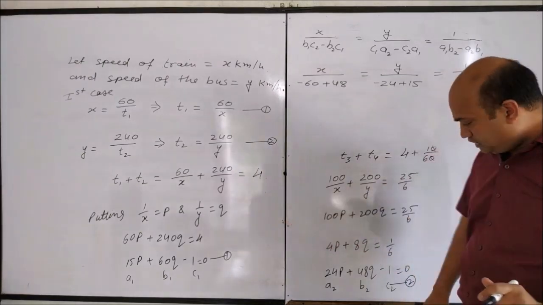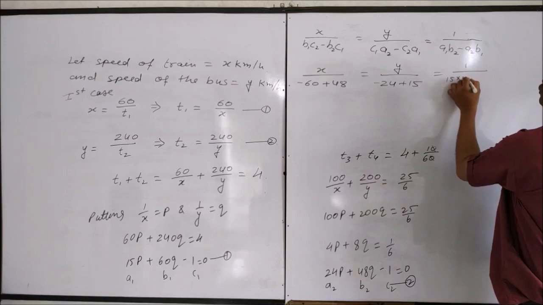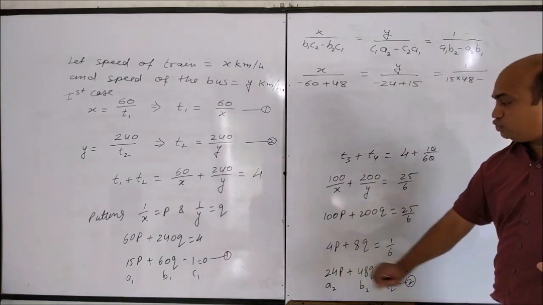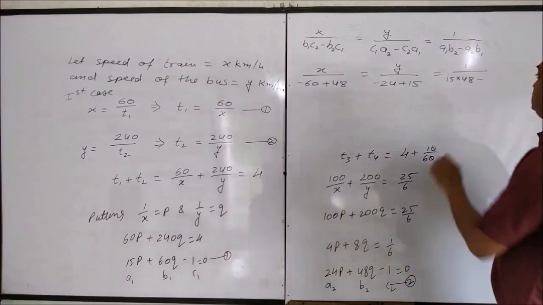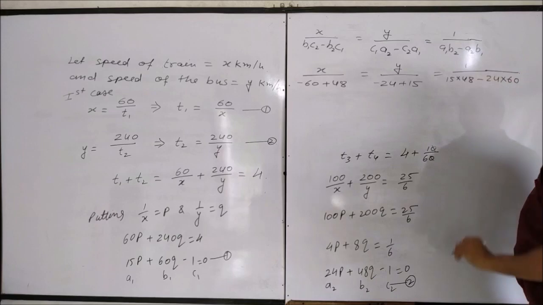Is equal to 1 upon a1b2, a1 is 15 and b2 is 48. It is 15 into 48 minus a2b1, a2 is 24 and b1 is 60. It is 24 into 60.